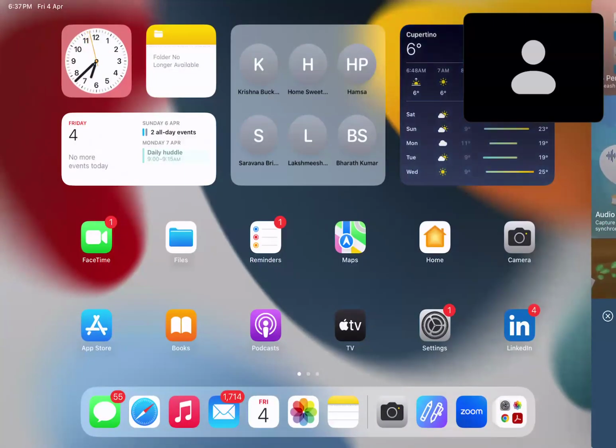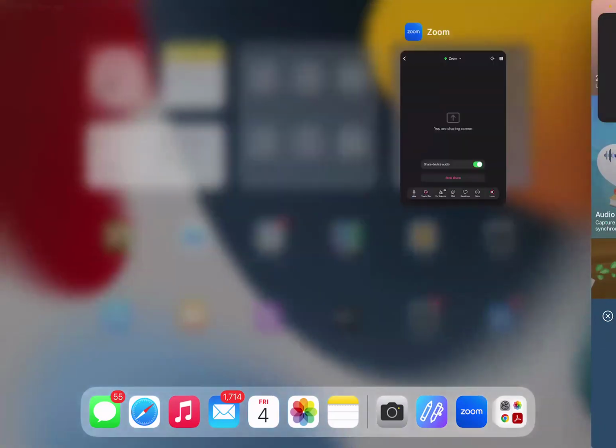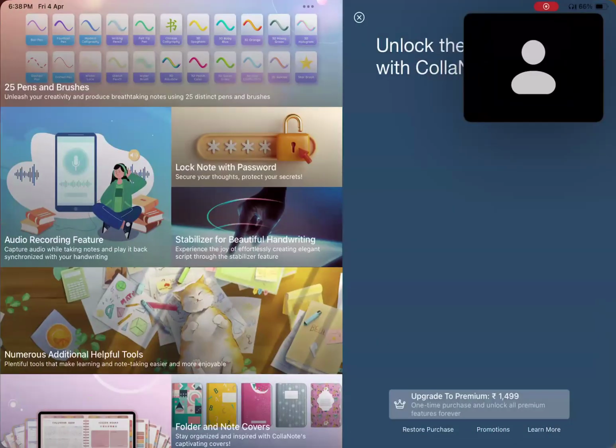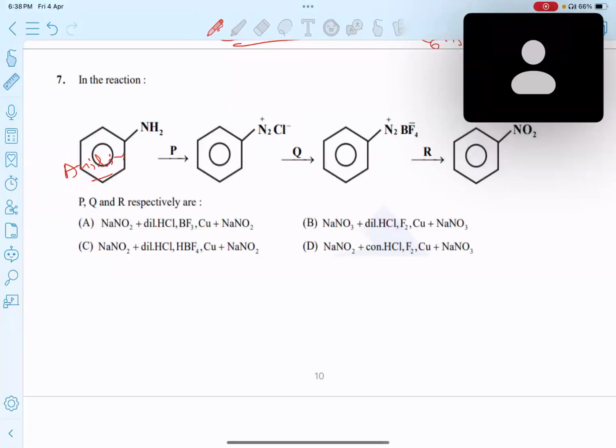Then the third one is diazonium fluoroborate.